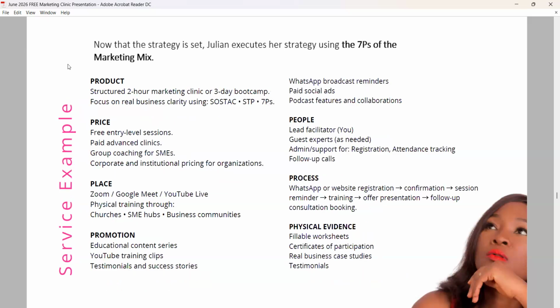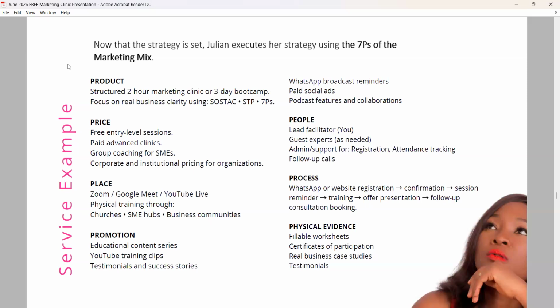Let's see Julian. For Julian's product, it's a structured 2-hour marketing clinic or a 3-day boot camp focused on real business clarity using SOSTAC, STP, and 7Ps. Now, beyond this free clinic, this same thing that we're doing, I teach it for 2 hours in gated communities.